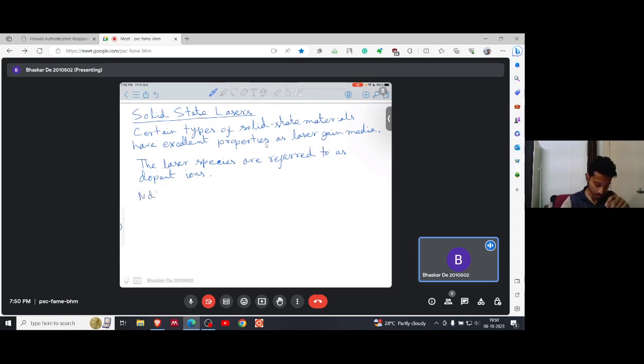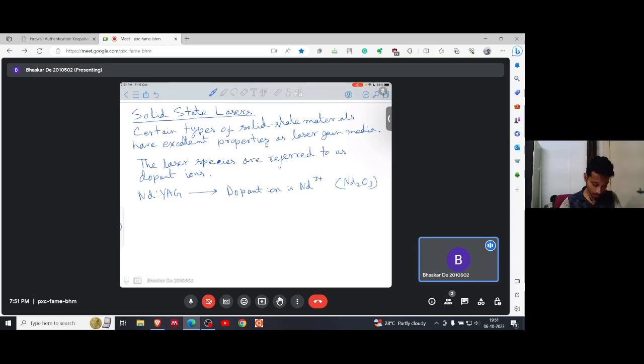So in Nd:YAG, the dopant ion is Nd3+, which is added in the form Nd2O3.